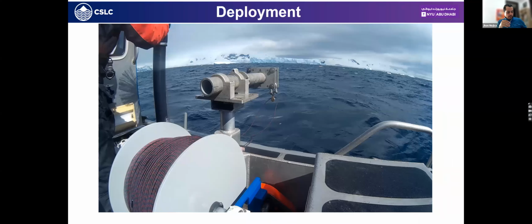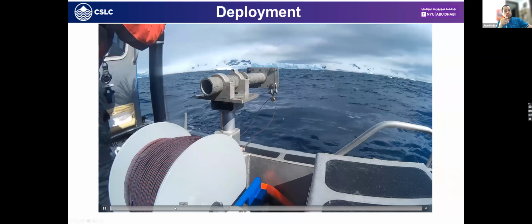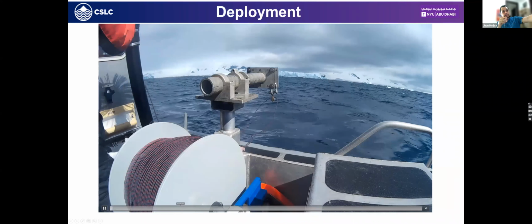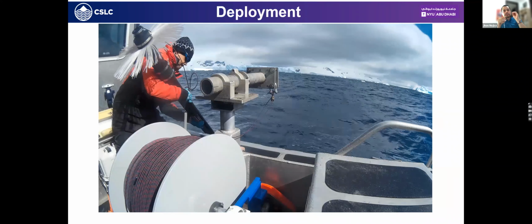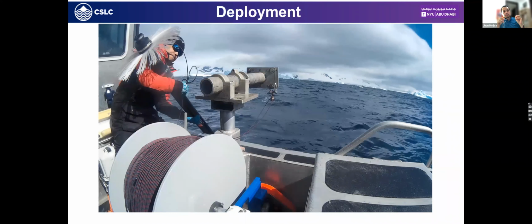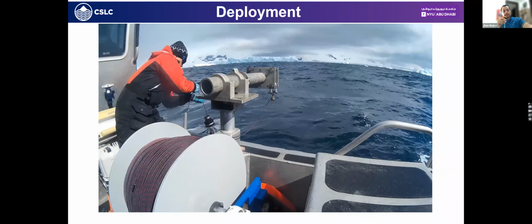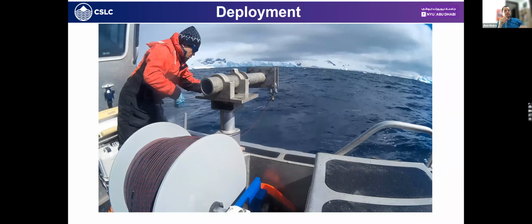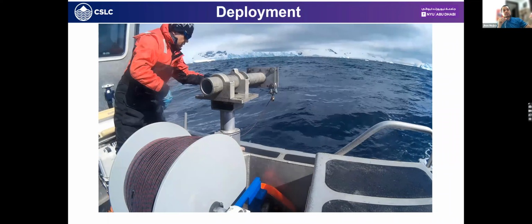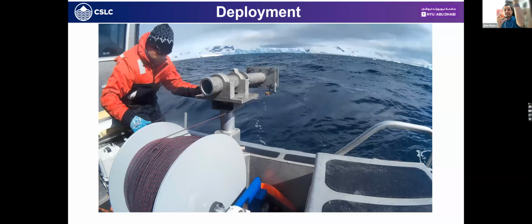Here I just want to show you some of the deployment. Something important is that the sensors on the bottom are so delicate, so we have to take care of those during deployment. We have to put the device in the water, and something important here is that we have to give it some slack of rope in order for it to free fall.